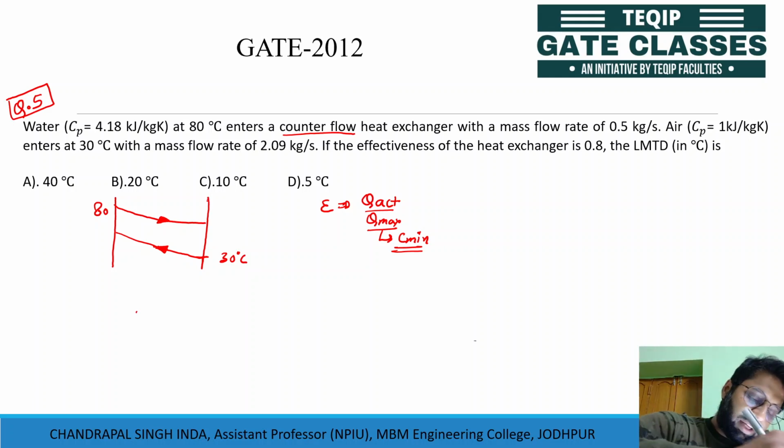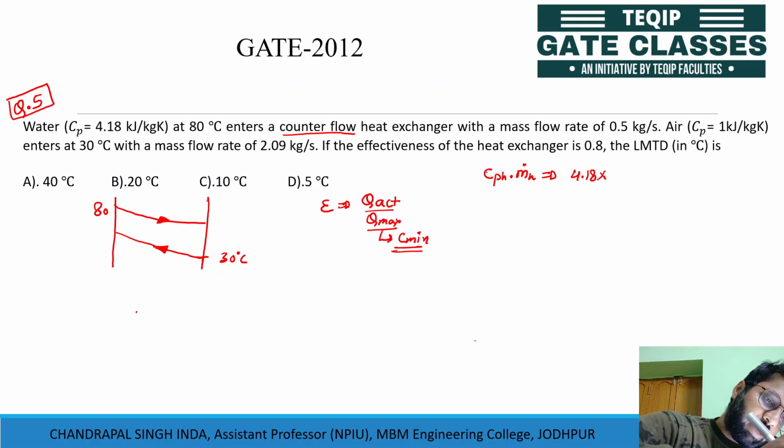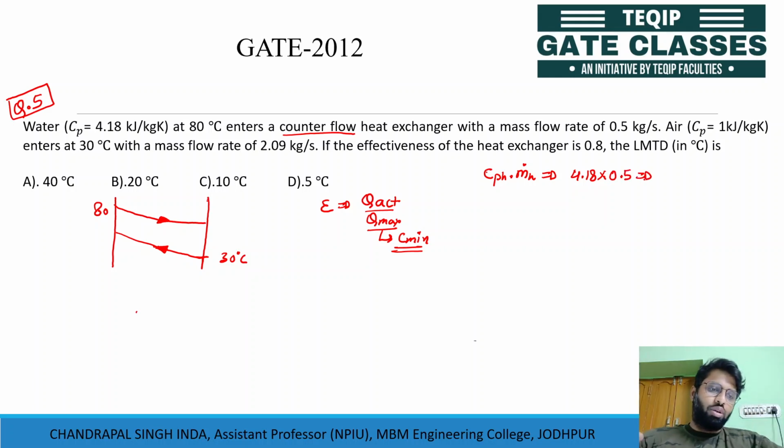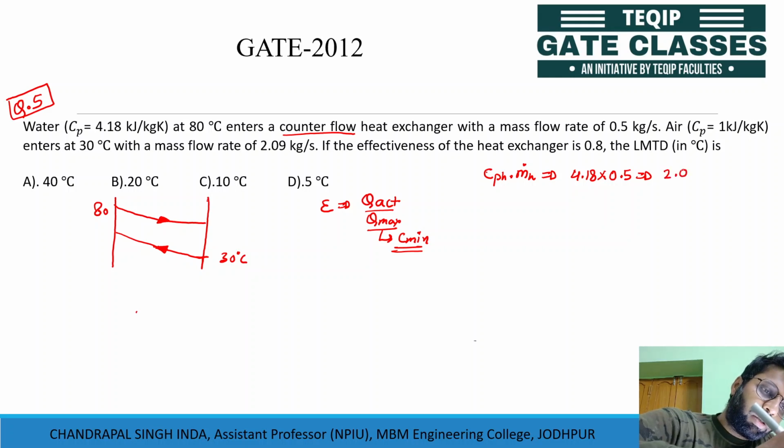Let's find it. Cp of hot fluid multiplied by the mass flow rate of hot fluid is 4.18 multiplied by 0.5, that will be equal to 2.09.